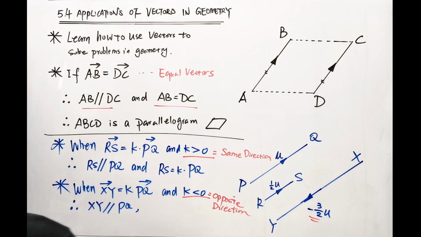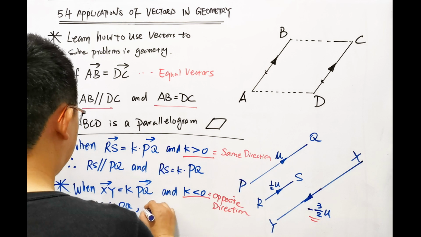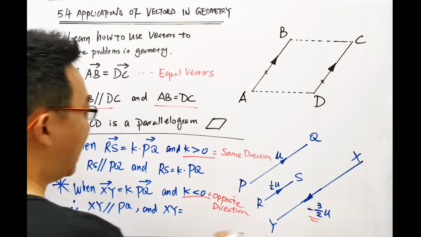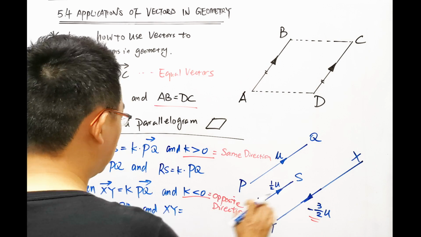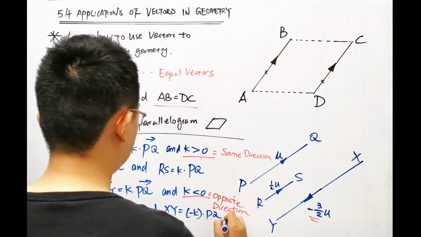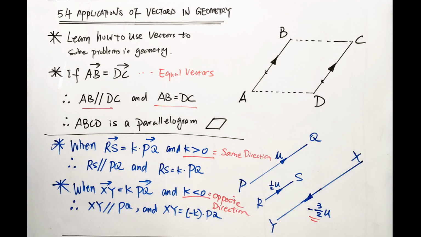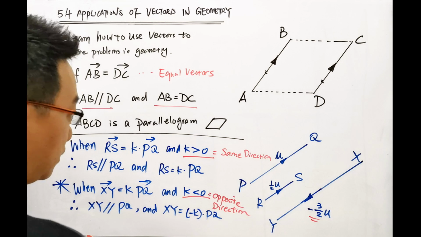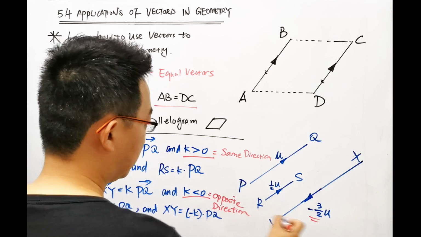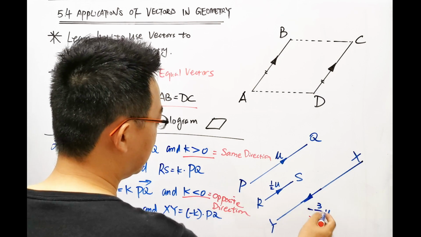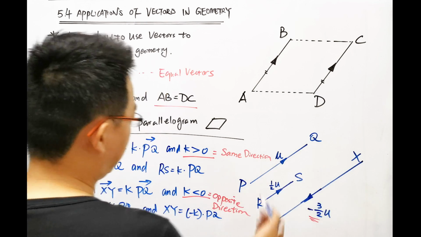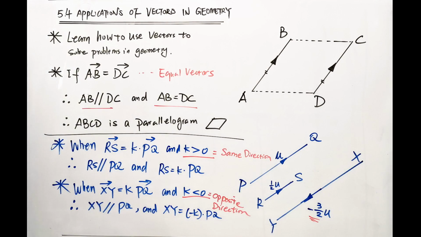But pay attention that, in terms of magnitude, the length of XY is minus k times the length of PQ, because k here is less than 0, so they are actually in opposite directions.